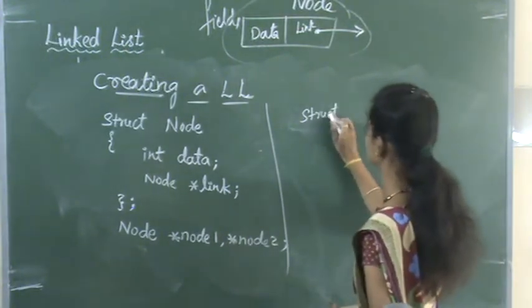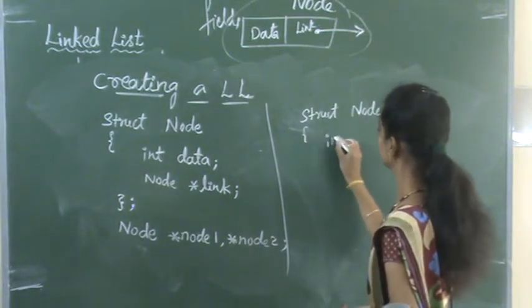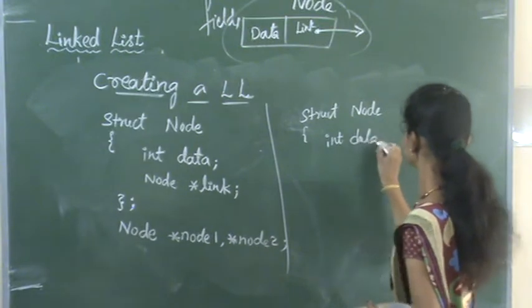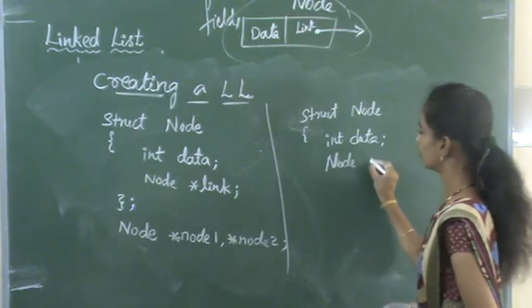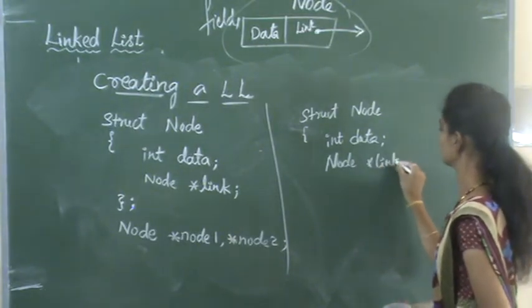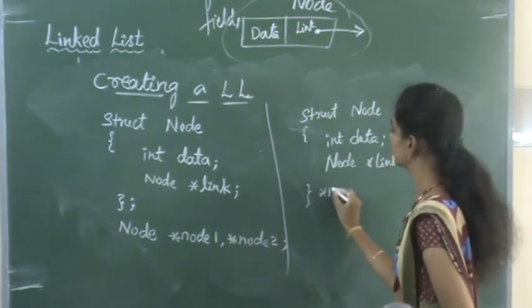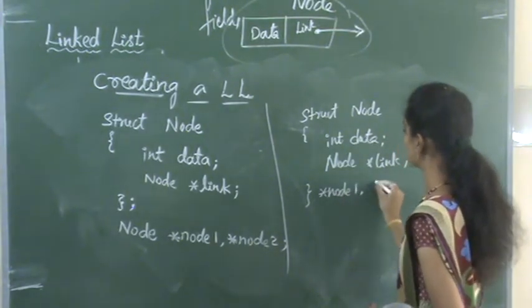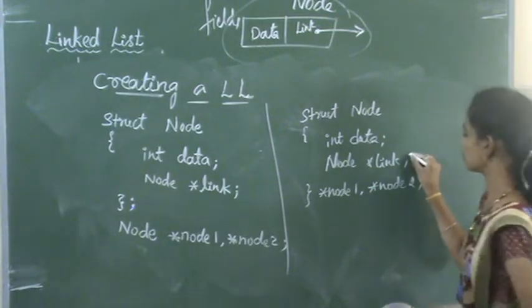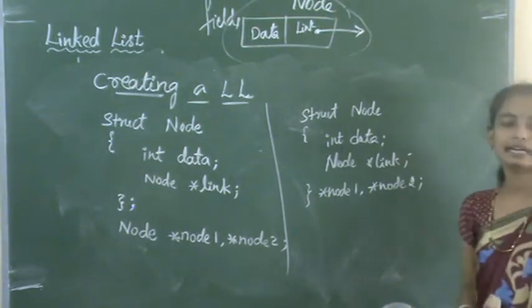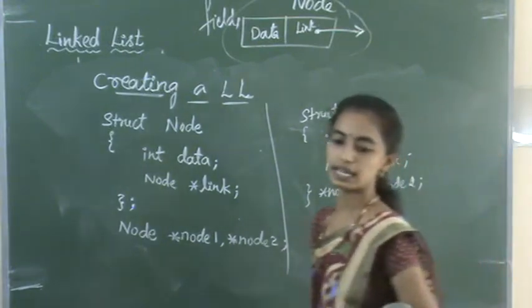Structure definition: struct node, int data, node star link. So here only we are declaring the variables which are used in the next scenario. So these are the two ways we are creating the linked list.